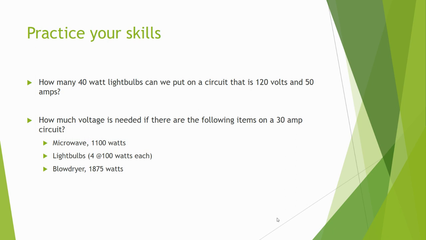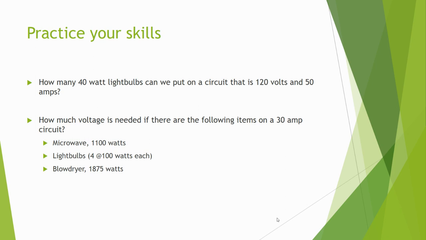Here's a couple opportunities for you to practice your skills. I tried to brainstorm some realistic ways you might use this. Let's say you need to know how many 40-watt light bulbs you can put on a certain circuit. You know the circuit is 120 volts at 50 amps.